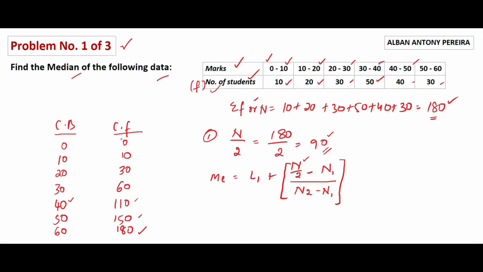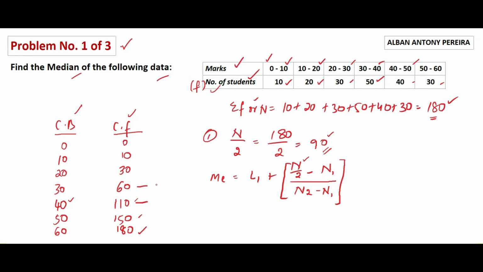Okay, now just go to this small table which you have prepared, class boundary and cumulative frequency. So here just see, the answer 90 is in between which cumulative frequency. So it is between 60 and 110. So after 60 comes 90 and before 110 comes 90, correct, right? So 90 is in between 60 and 110.